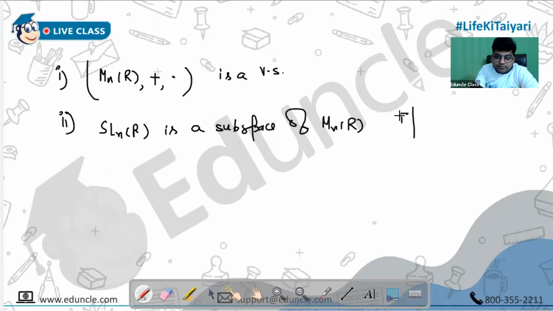True or false? SL_n(R) is the special linear group. Is that a subspace or not? How many of you say this is a subspace?